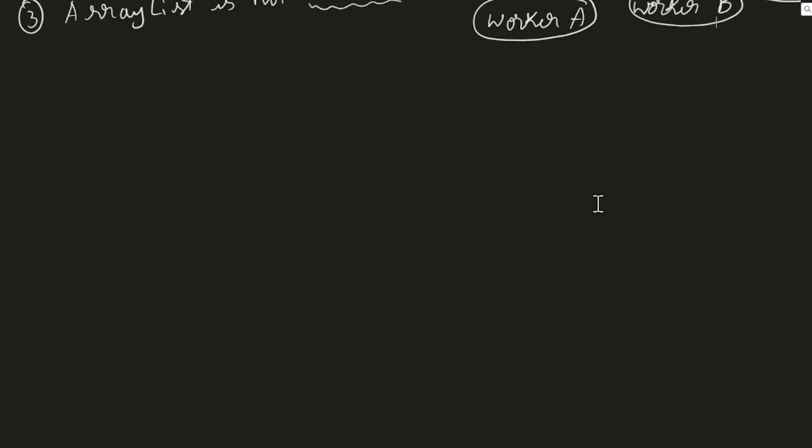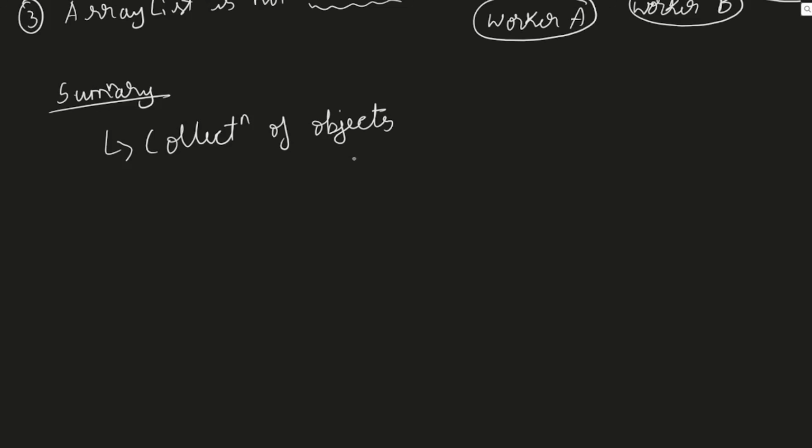Just to summarize this video, ArrayList is nothing but a collection of objects. And whenever we initially declare an ArrayList, an empty bucket of size 0 will be created.